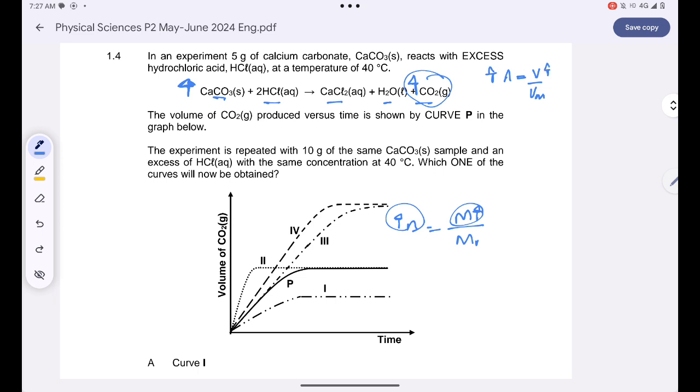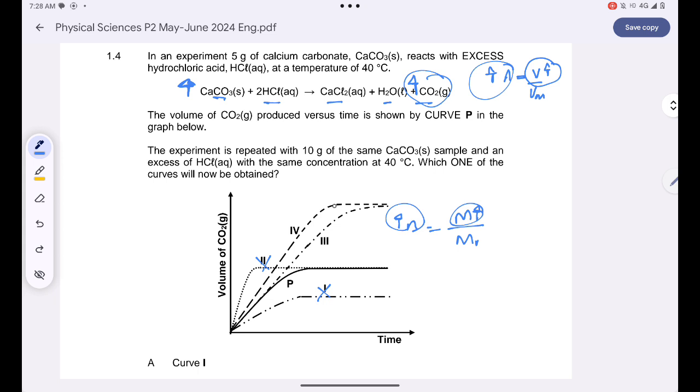So by increasing the number of moles of my gas, there will be more volume of gas collected from the reaction vessel. So curve 1 and curve 2 are already out of the way, but I'll be left with curves 3 and 4.